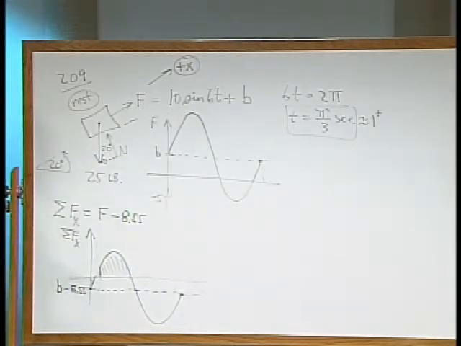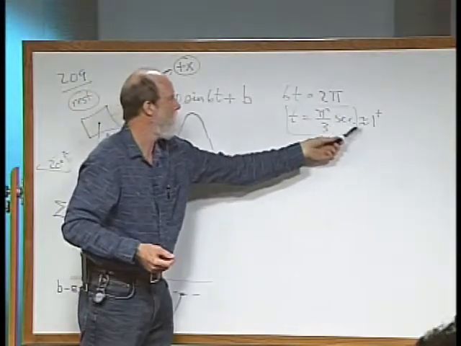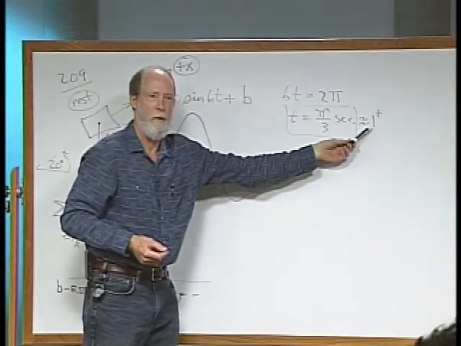Now, I forgot what we're supposed to solve for. What are we doing? Determine the velocity of the cart at t equals 1.5 seconds. Okay, at t equals 1.5 seconds. Well, look at this. Our period of this function is just a touch over 1 second.